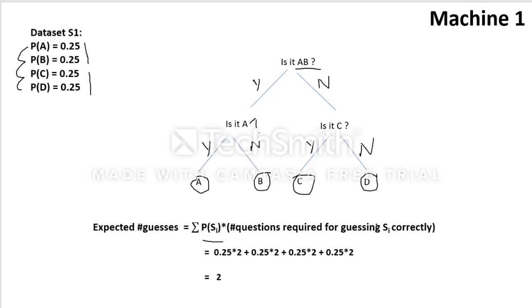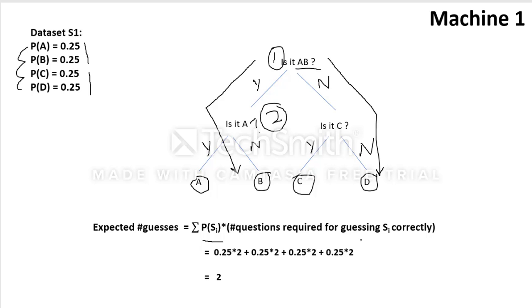So what's the number of questions required to guess the value of attribute, say B? How many questions did we go through? This was question 1 and this was question 2, right? We came across these two questions, and in this order we could find the value of B correctly.